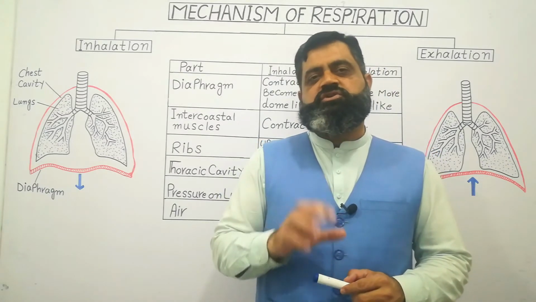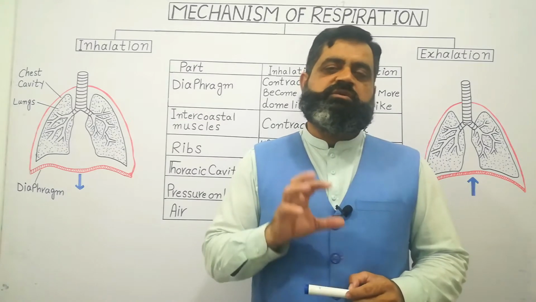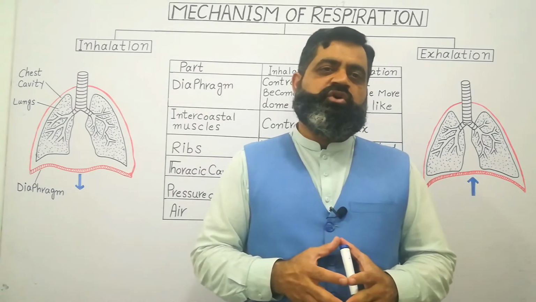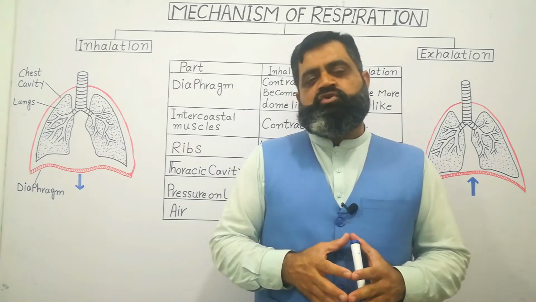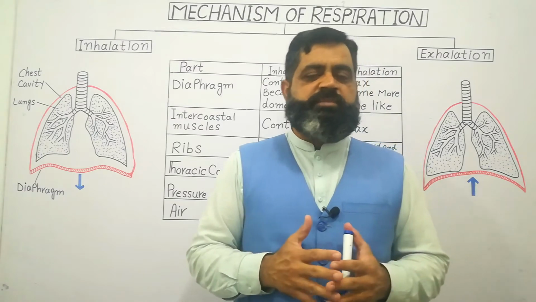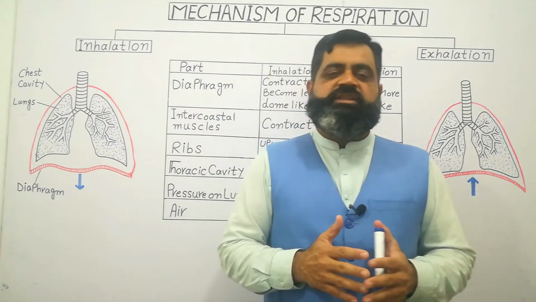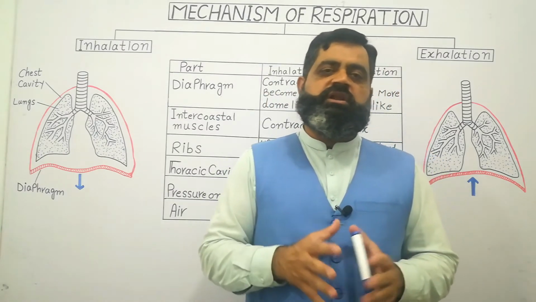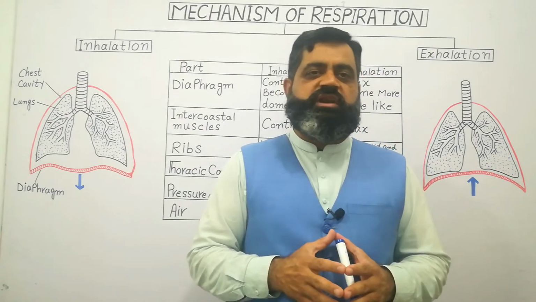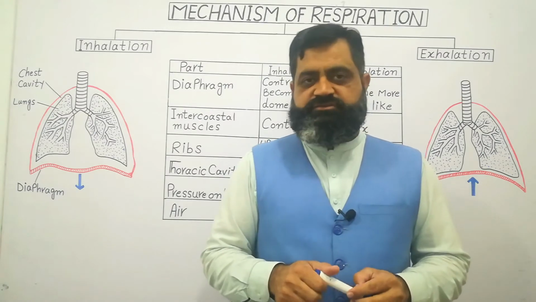Their muscles cannot contract or relax, so movement of the air inside the lung is done by a passive mechanism, and there is no energy involved in the lungs. It means lungs cannot expand or relax automatically by themselves.